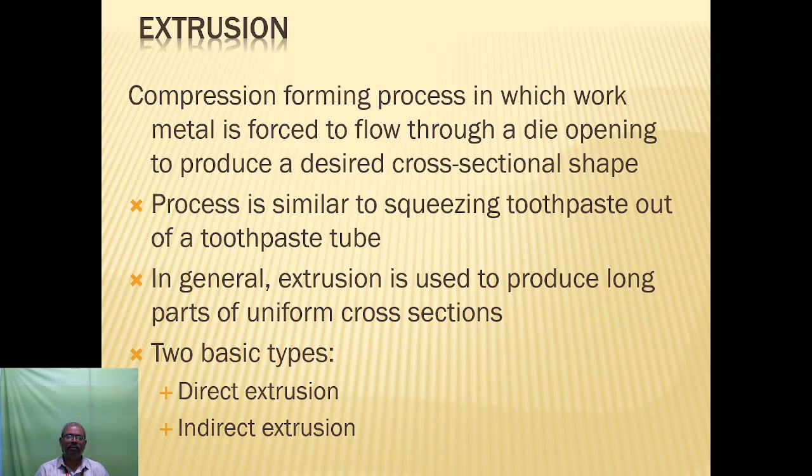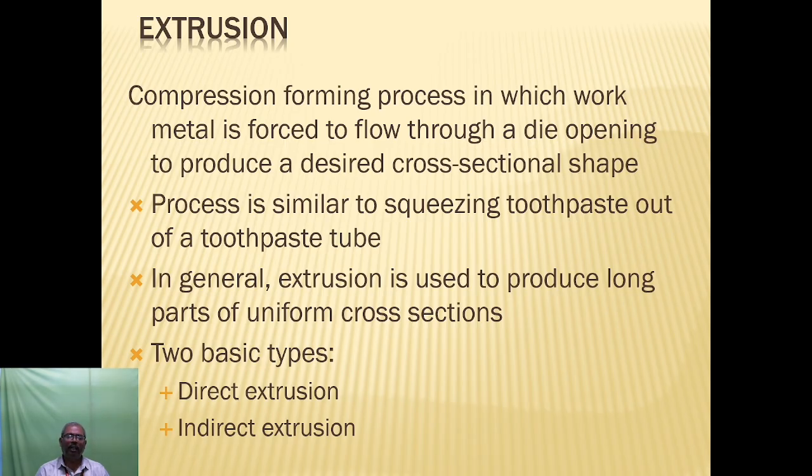So it is a compression forming process in which work metal is forced to flow through a die opening to produce a desired cross-sectional shape. So the die opening has the desired cross-sectional shape. The work flows through a die opening using the compressive force. The process is similar to squeezing toothpaste out of a toothpaste tube.